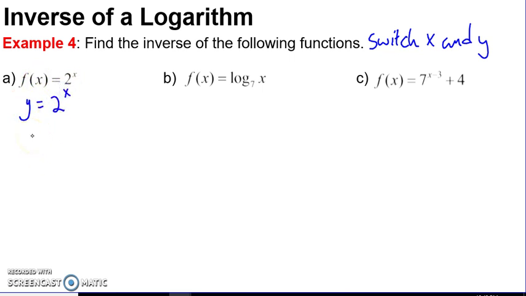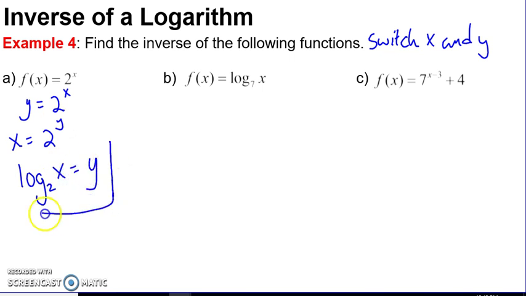Switch x and y, so I have x equals 2 to the y power. I'm now having to change this to a logarithm from exponential, which means my 2 is my base value, and that should always equal my exponent, which is y. So I'll have log base 2 of x equals my exponent, which is y.